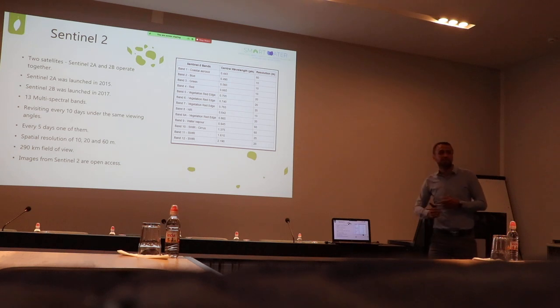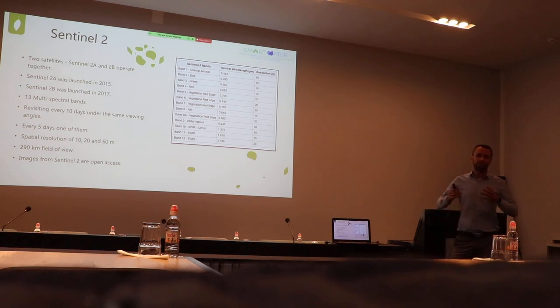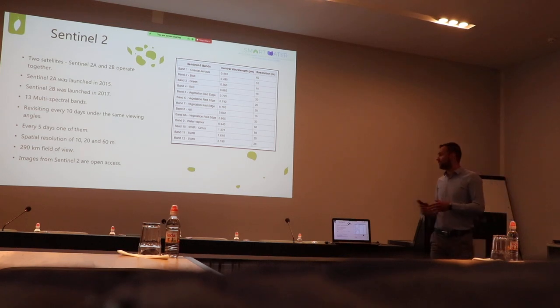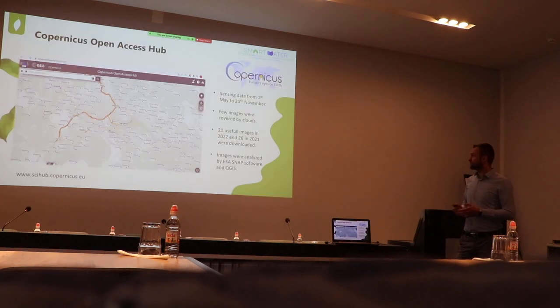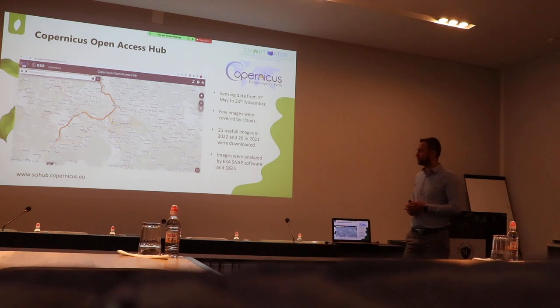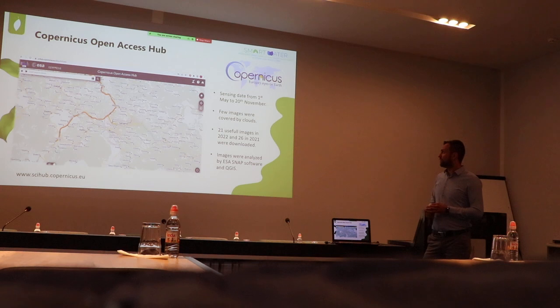Also, very important is that you can have these images from the satellite totally free of charge, so the images are open access. Here you can see the website of the Copernicus mission, called the Copernicus Open Access Hub.